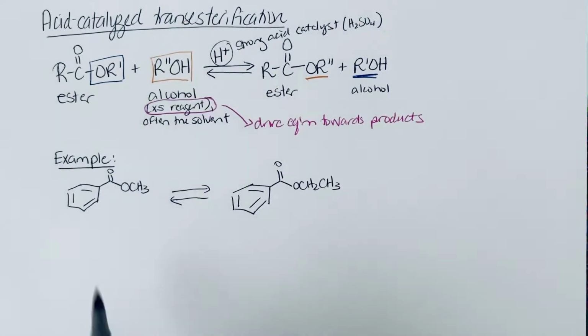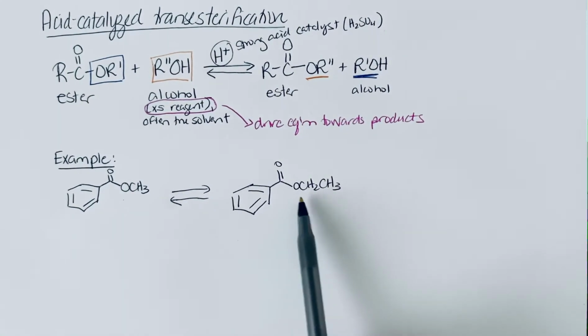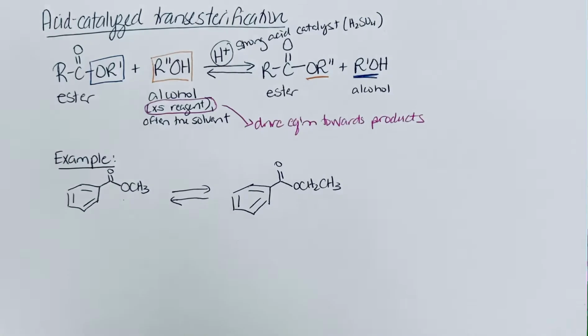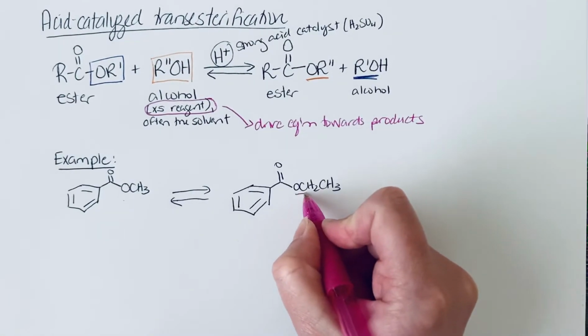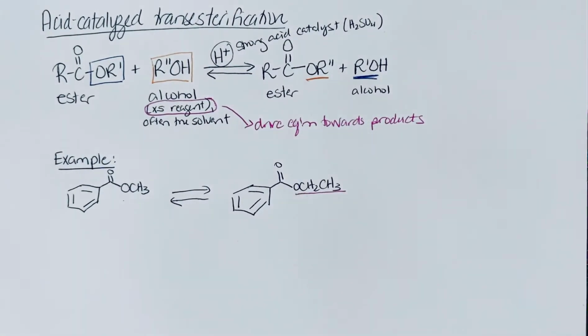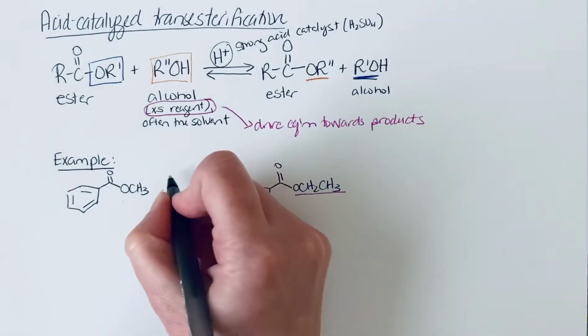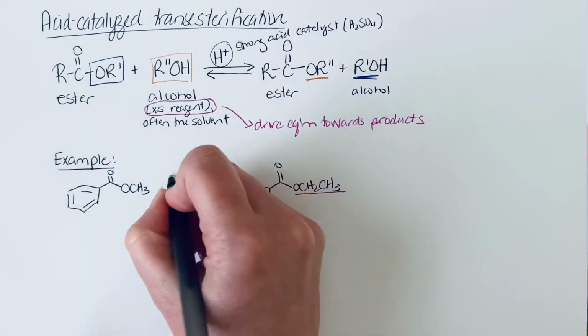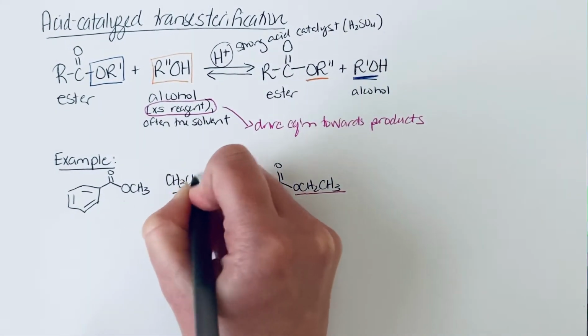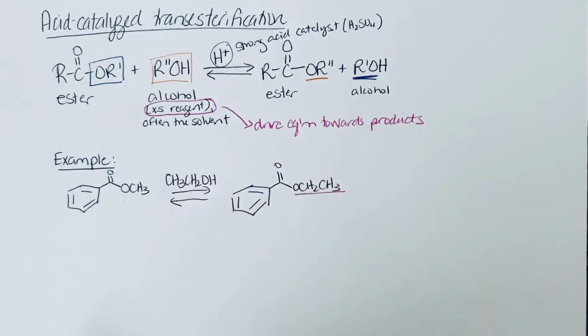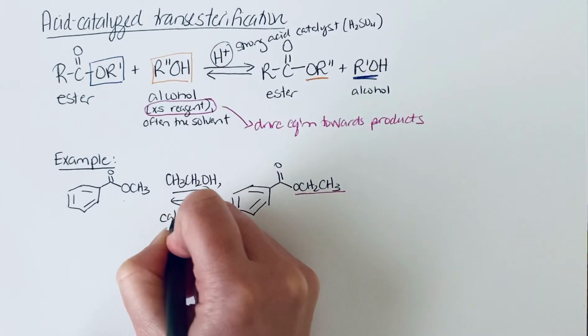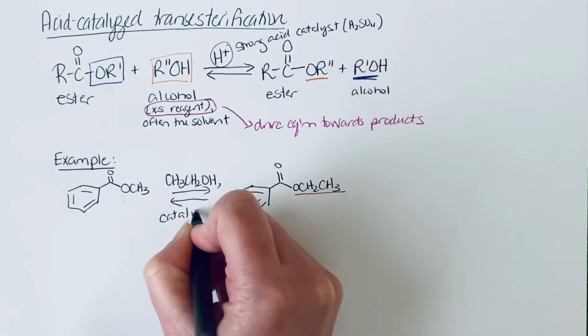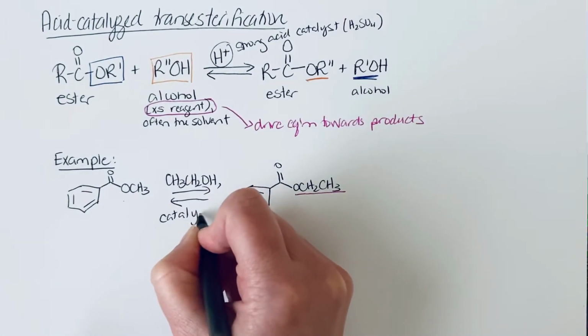If we're trying to decide on our reagents, we look at what it is we're trying to replace, and we see that we want to replace this with this OCH2CH3. So that tells us that the alcohol we would want to use as the solvent and as our excess reagent would be ethanol. And then we'd probably use a catalytic amount of sulfuric acid.